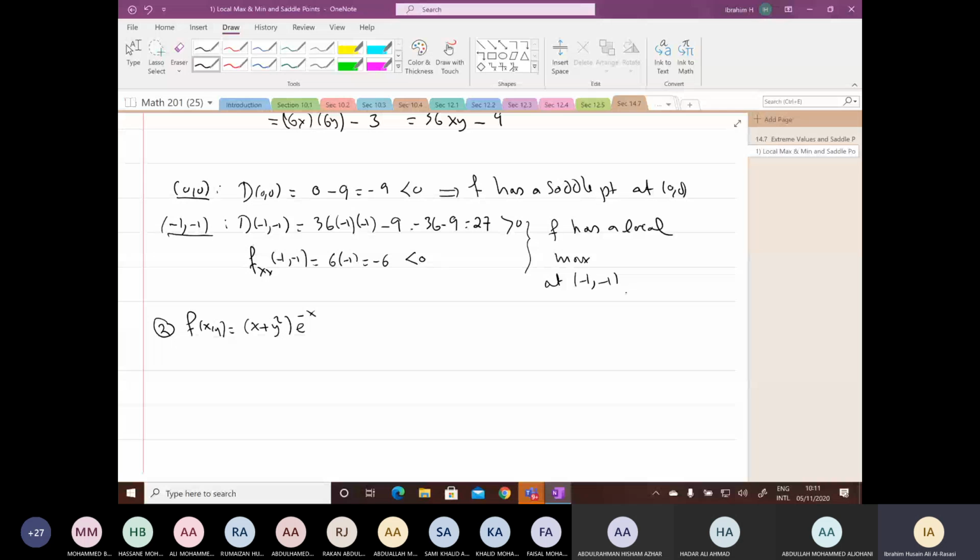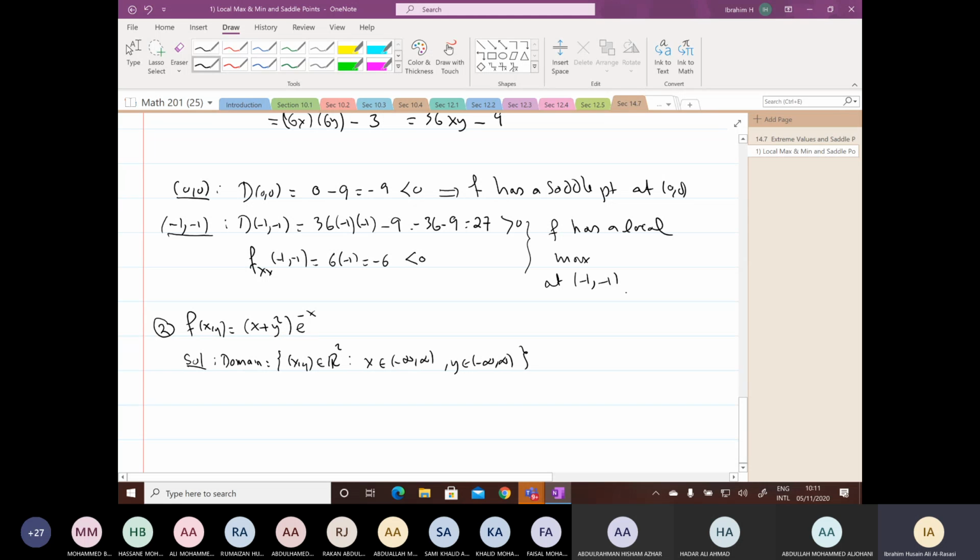Again, the domain: all points (x, y) in R2. I can substitute any value for x and any real number for y, there will be no problem. So x is in minus infinity to infinity and y is in minus infinity to infinity.